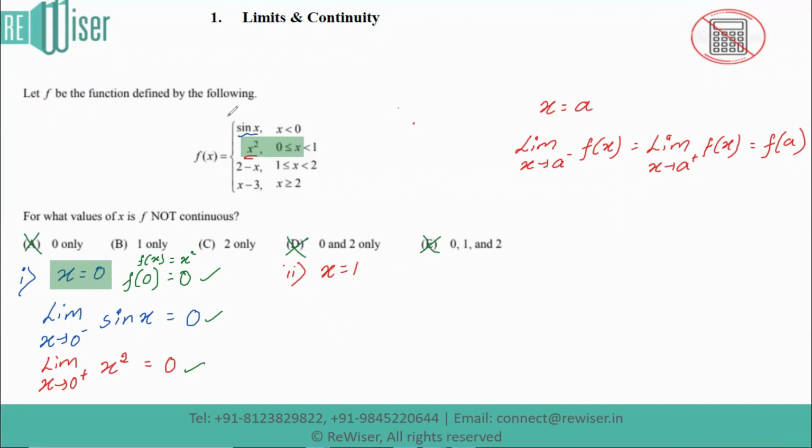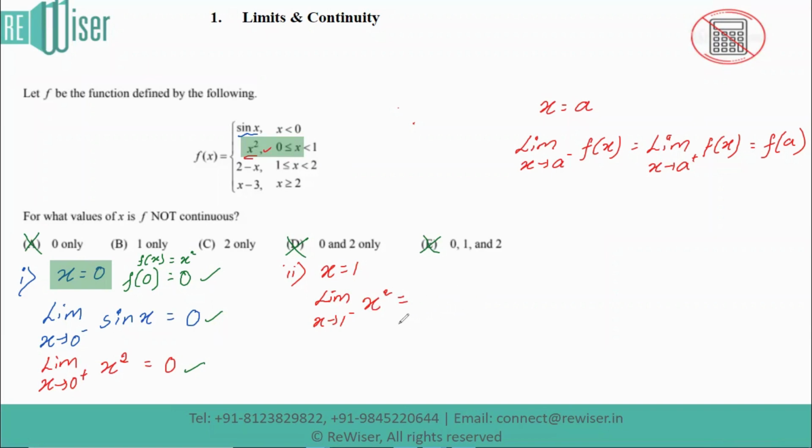Now, the second point is when x is 1. I want to check whether it is continuous or not. Again, let us find the left hand limit, the limit as x tends to 1 minus. My left hand limit is when x is less than 1, so the function would be x square. When you replace x with 1, the reason I'm directly substituting is that these sums have nothing to do with the indeterminate form.